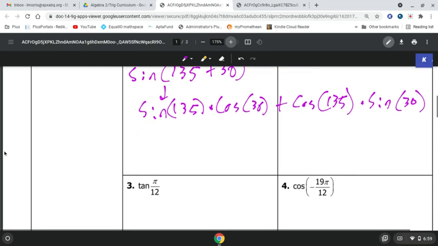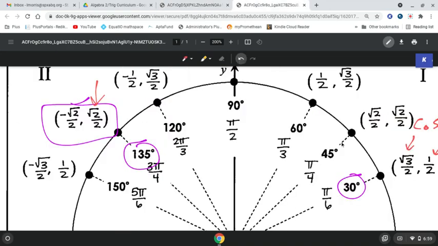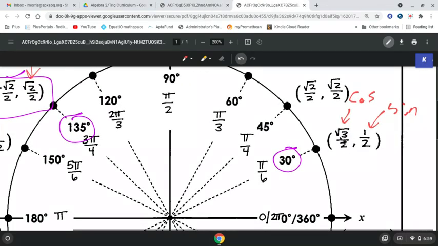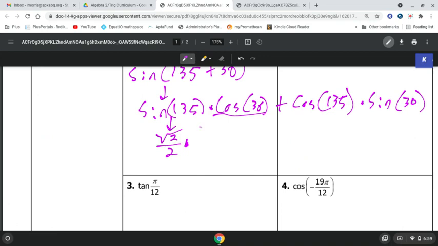So that is what sine of 135 is equal to. This is equal to the square root of 2 over 2. Then we're going to have that multiplied by cosine of 30 degrees. So cosine of 30 degrees is the x coordinate of 30 degrees in our unit circle, which is square root of 3 over 2. So you're going to write square root of 3 over 2 next. So those are going to be multiplied by each other.